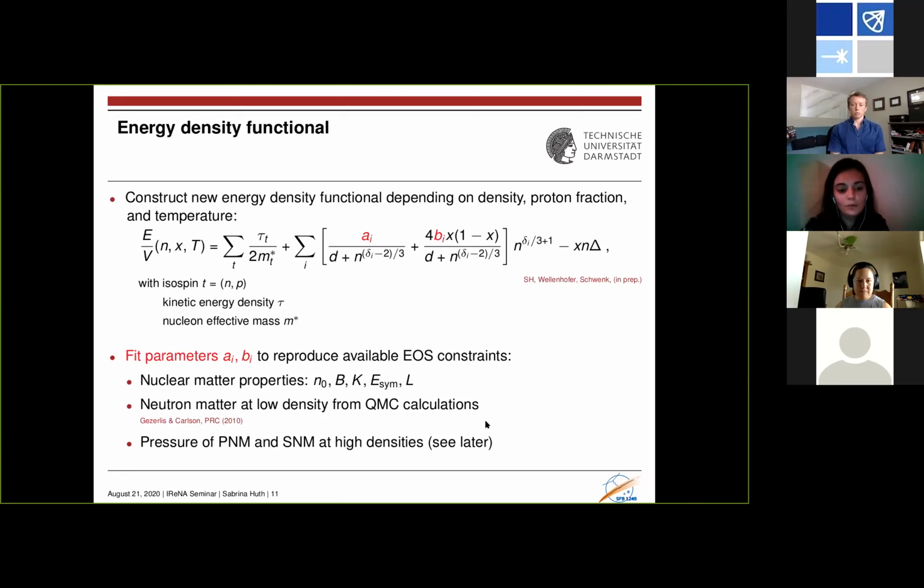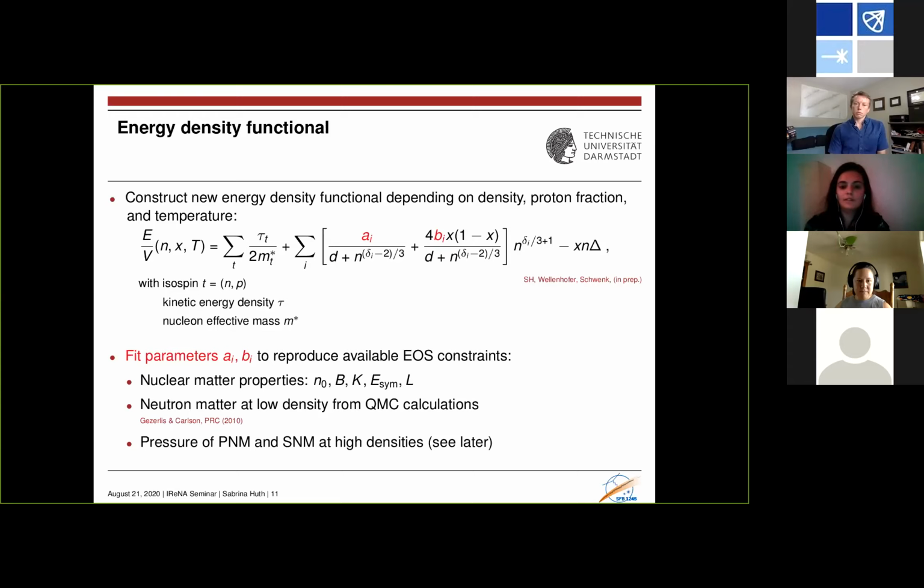And then we have 2 more parameters, which we fit to the pressure of pure neutron matter and symmetric nuclear matter at high densities. And our goal with this study is that we fit all these parameters and then we vary them according to the uncertainties we have, for example, for the nuclear matter properties.